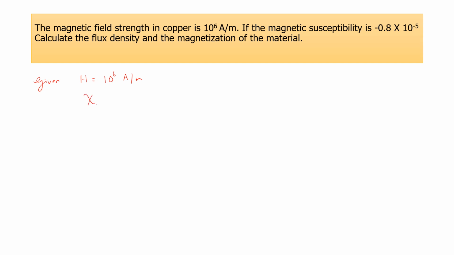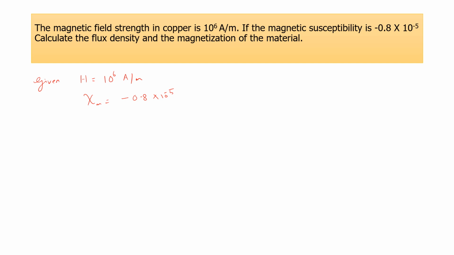Then susceptibility is given. Chi-m is equal to minus 0.8 into 10 power minus 5. Because it is diamagnetic, the value is negative. Okay. Sometimes that can be asked. They give this and ask you to find out what kind of magnetic material. So on looking at the sign of the susceptibility, you can find out whether it is diamagnetic or paramagnetic. Okay.